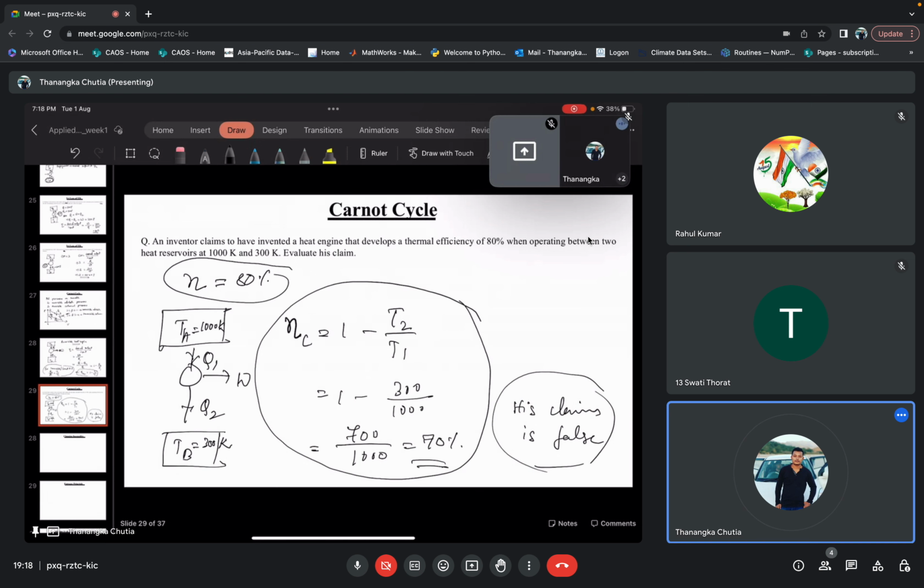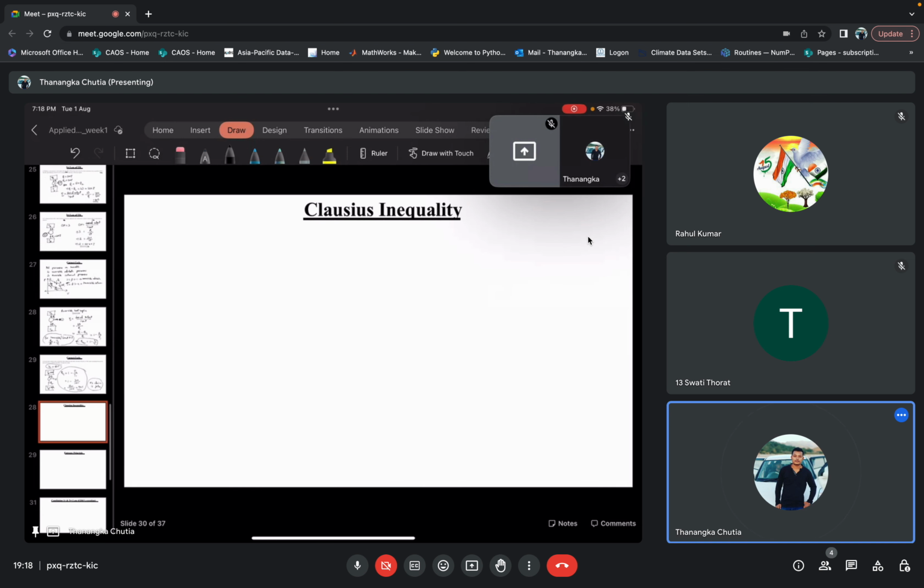Fine. Now next is your Clausius inequality. The Clausius inequality is the cyclic integral of dQ by T is less than or equal to 0.